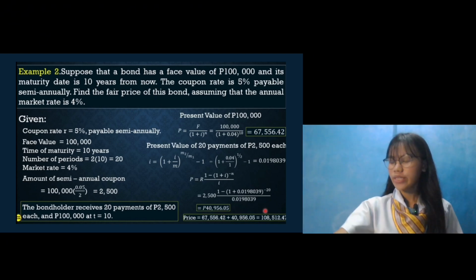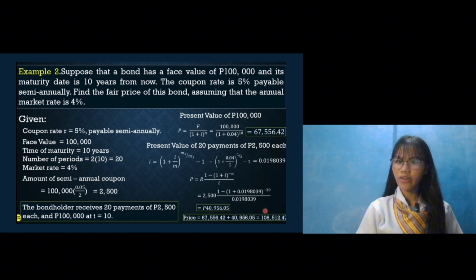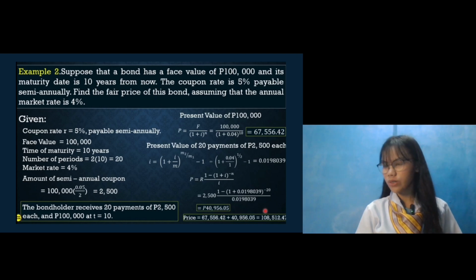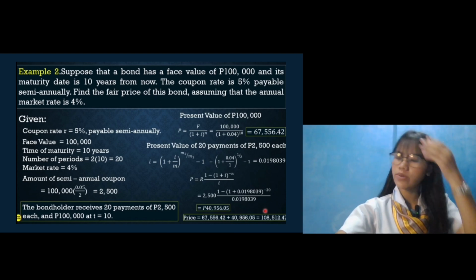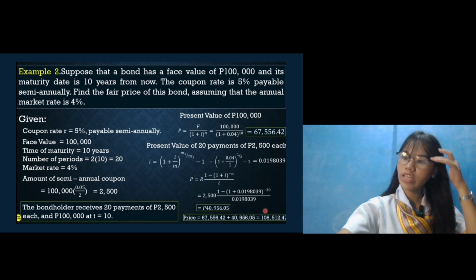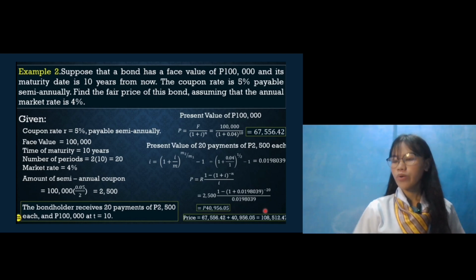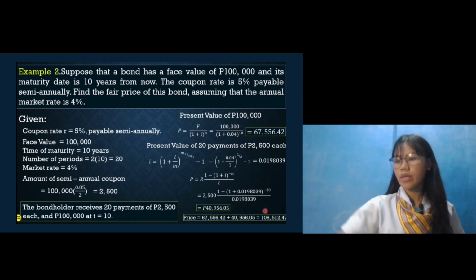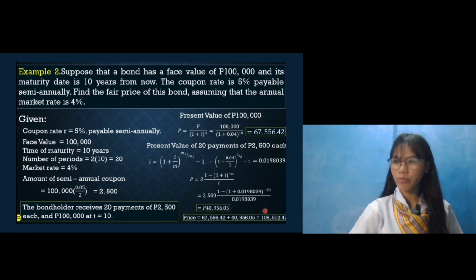40,956.05. So now, since we already got the present value of the 100,000 and of course the 20 payments of 2,500 each, we will be adding up the both of it since the solution needs to find the fair price of the bond.